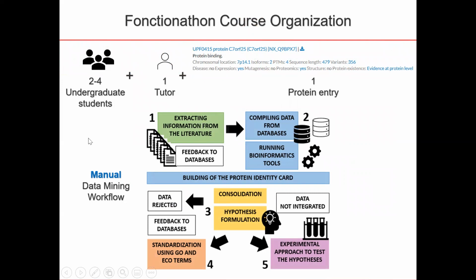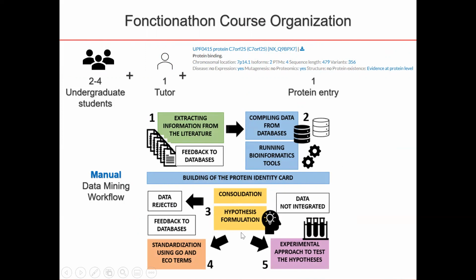and then they go through a manual data mining workflow, which consists of what a biocurator would do. So they extract information from the literature. So they do searches in PubMed. They compile data from databases, and they run bioinformatics tools on the sequences and so on. And they take all this information and build a protein identity card, consolidating the information that they have on the protein.